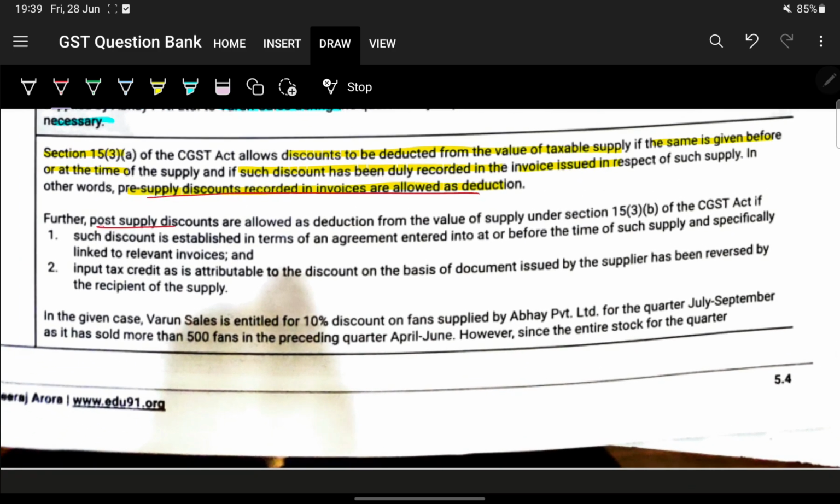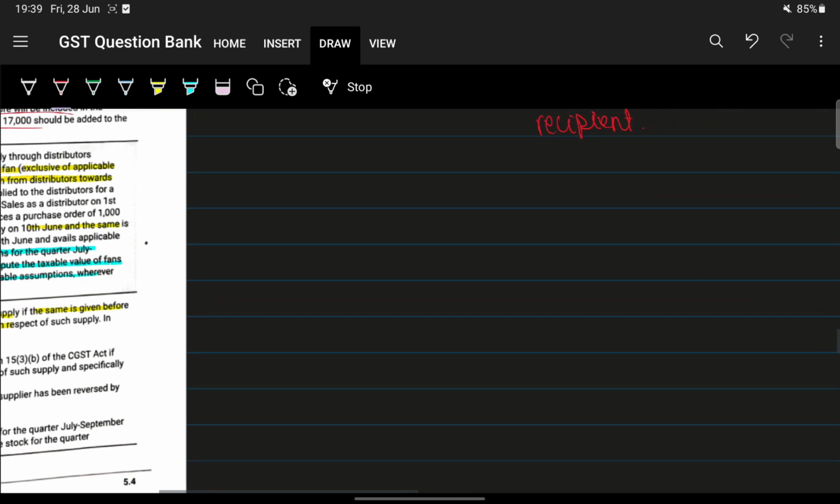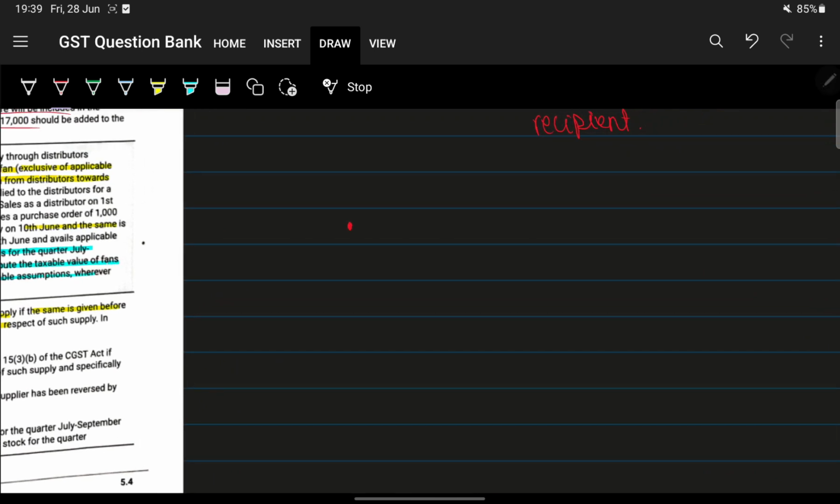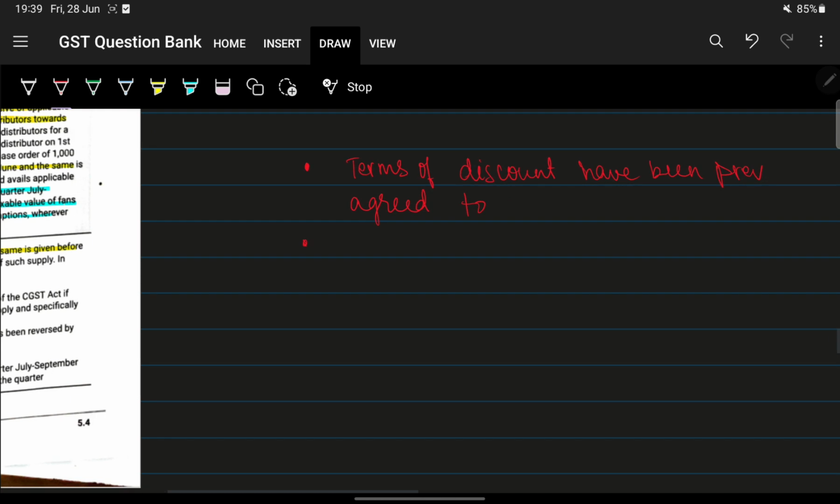Further, post supply discounts are allowed as a deduction only if it satisfies the 4 conditions. What are the 4 conditions? Firstly, the terms of discount have been previously agreed to. The second condition is that invoice wise working should be available, meaning the discount amounts should be available invoice wise.